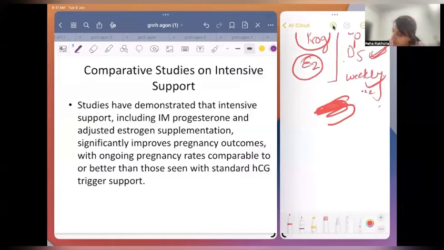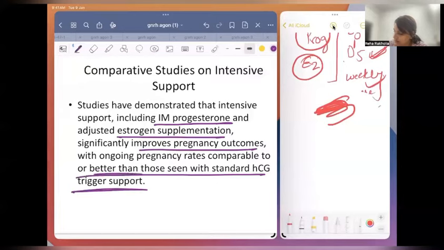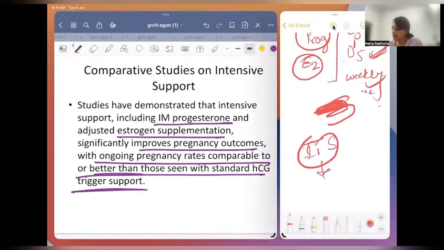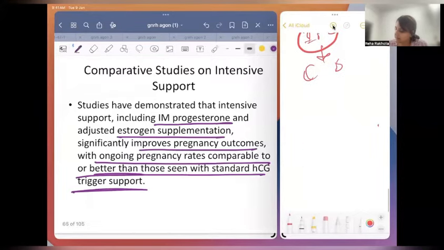Now, comparative study on intensive support. Studies have demonstrated that intensive support, including IM progesterone and estradiol supplementation, significantly improves the pregnancy outcome compared to the standard HCG trigger support. The ongoing pregnancy rate is either comparable or better than HCG.